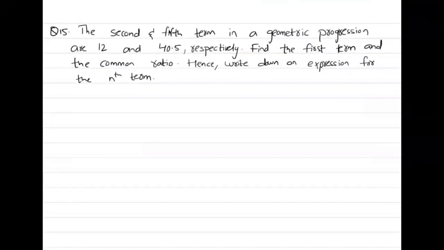Okay. The second and the fifth term in a geometric progression are 12 and 40.5 respectively. Find the first term and the common ratio. How do I go about this question?